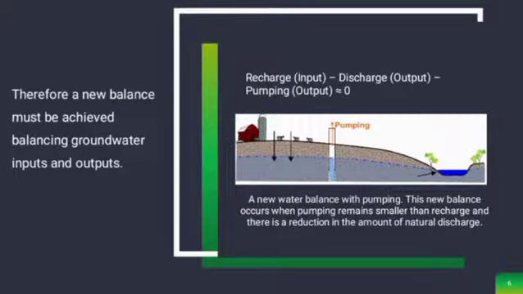Kaya ang new water balance equation with pumping, written for long-term average, ay recharge minus discharge minus pumping is approximately 0. So na yung magiging new water balance with pumping. This new balance occurs when pumping remains smaller than recharge and there is a reduction in the amount of natural discharge.